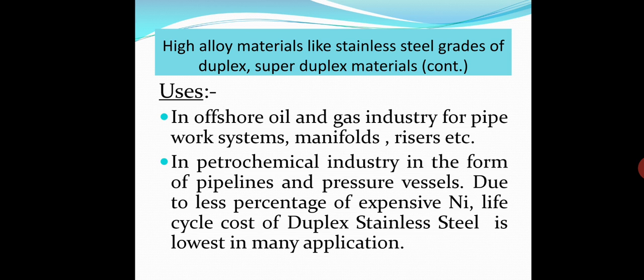Because of this corrosion resistance of duplex stainless steel, it is used in these areas, and this steel is also used in the petrochemical industry in the form of pipelines and pressure vessels.